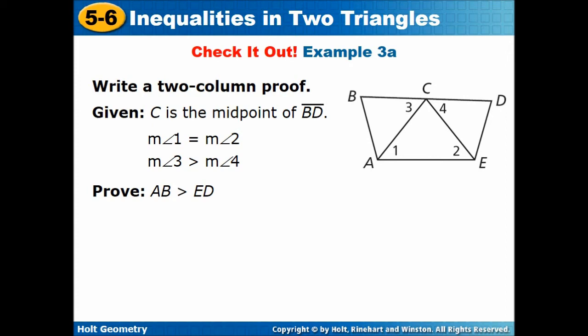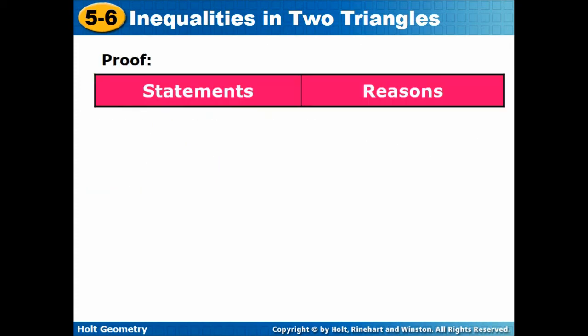Okay? So you're going to prove that line segment AB is greater than line segment ED. Take some time, look it over, and go ahead and write out your response, and then you can move on. Go ahead and stop the video if you need to. All right, and of course this is where you do your statements and reasons.